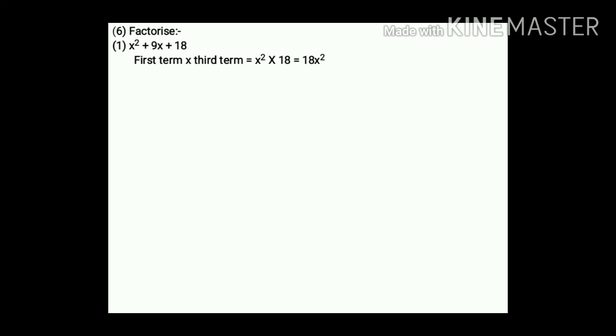So here we take the factors, children, 6x + 3x. When we add these two, we get the middle term. So here, children, the next step: x² + 6x + 3x + 18. Now, children, here we have to take the common between the two terms. x is common between these two terms.